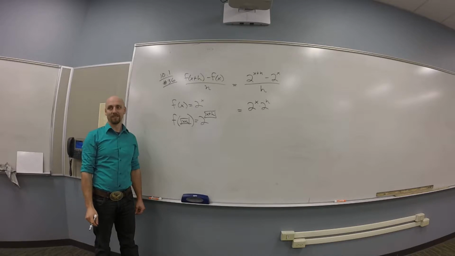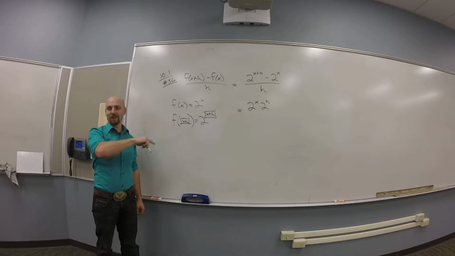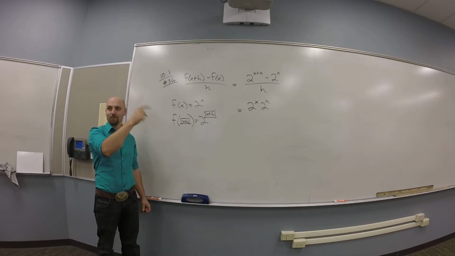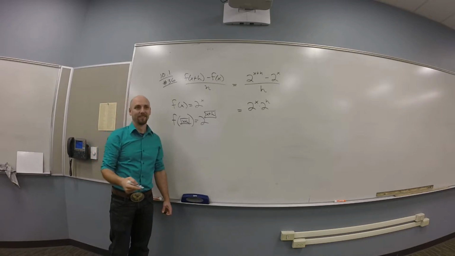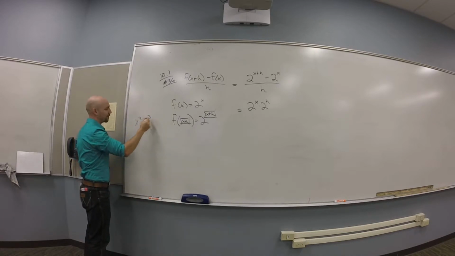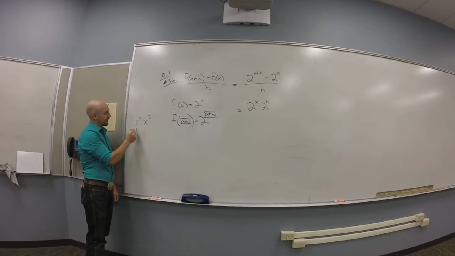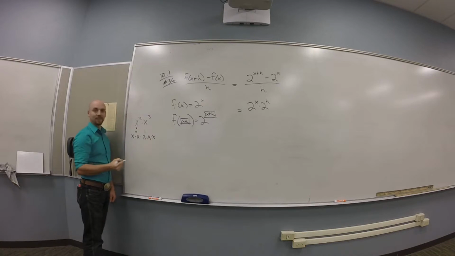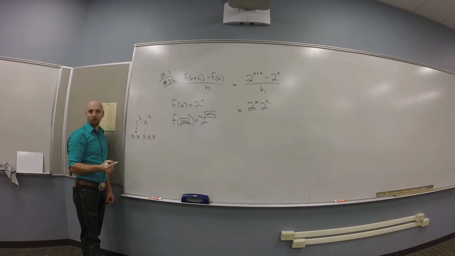If you have x to some power times x to some power, you can have x to the first plus the second. Like x squared times x cubed is x times x times x times x times x, a grand total of 5 x's multiplied together, so you get x to the fifth.